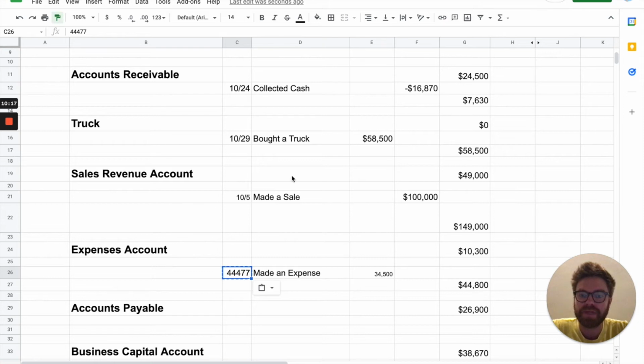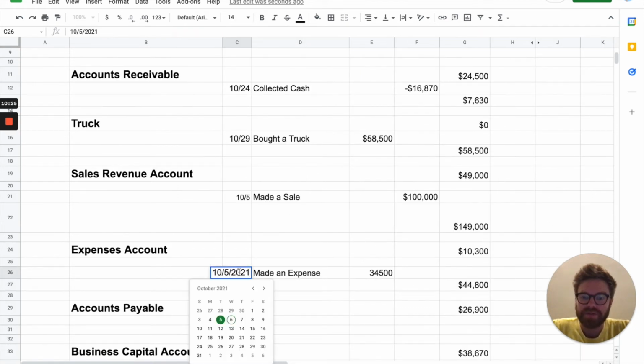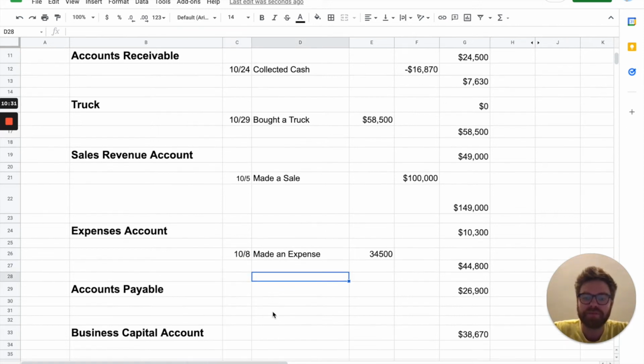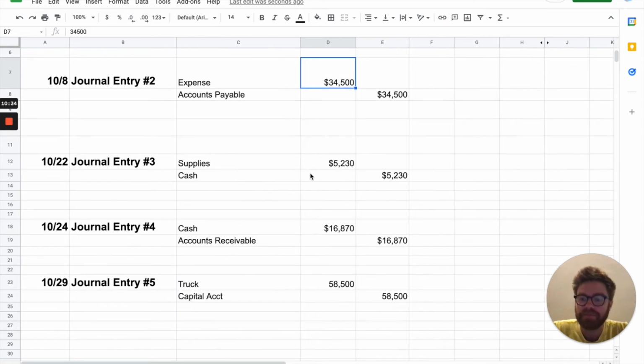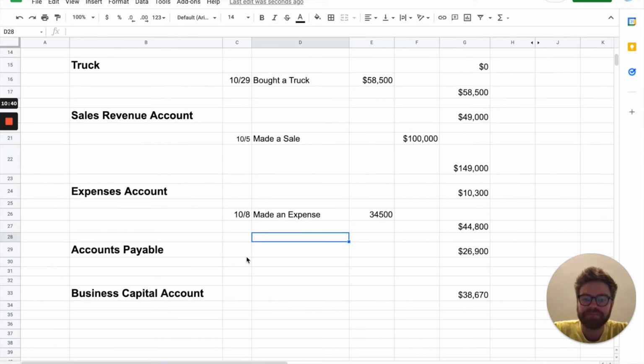Let's increase that. Sorry, 10/8 was the journal entry there. All right, made an expense there, 34,500, 44,800. Accounts payable. So it looks like we had an accounts payable of 34,500 here as well. So let's increase that.